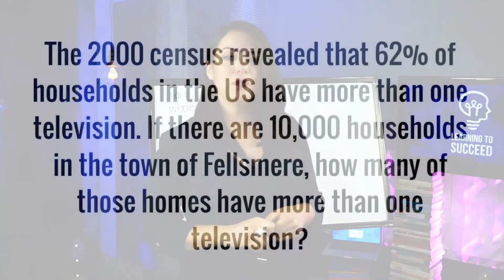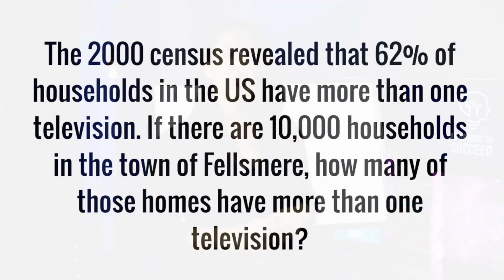The next problem says, the 2000 census revealed that 62% of households in the US have more than one television. If there are 10,000 households in the town of Fellsmere, how many of those homes have more than one television?